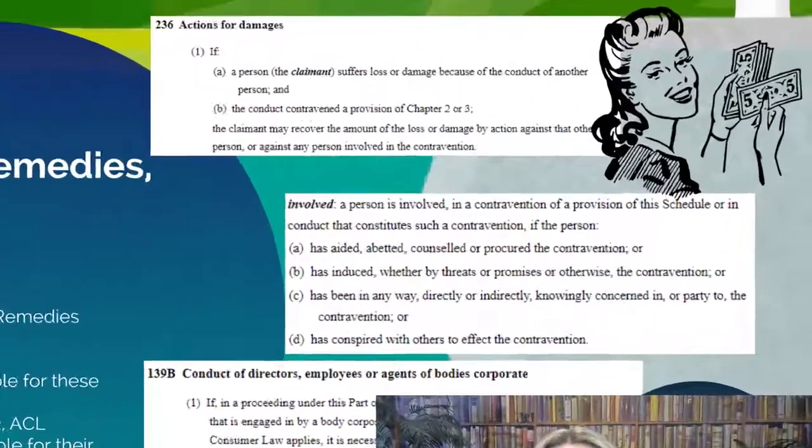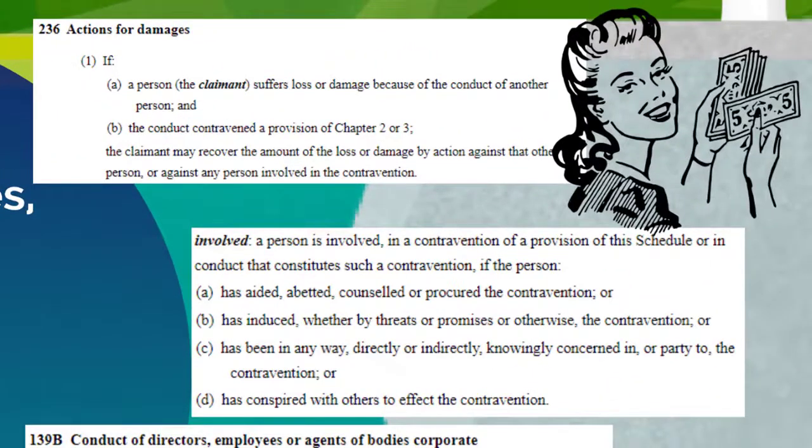But look at this. You can recover the amount of the loss or damage not just from the person who was principally involved here, but from any person involved in the contravention.